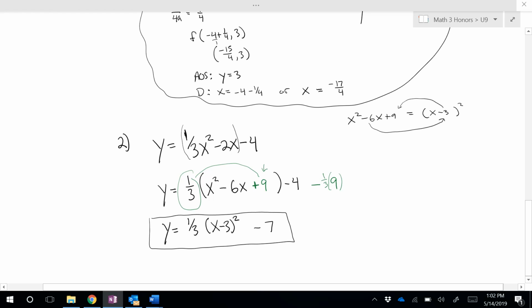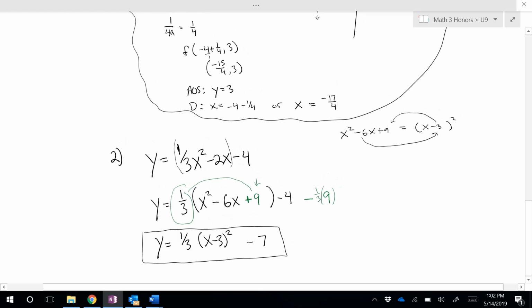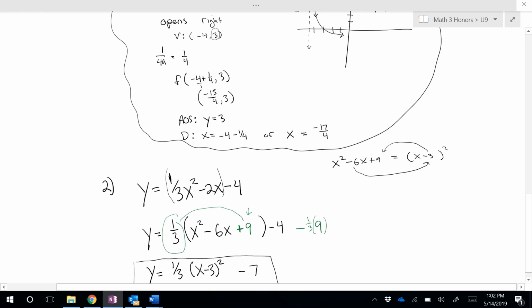Okay, so that's my goal, because this is the form that we recognize and we can use. To come up with that 9, I take half of the negative 6 to figure out what it's going to factor to, x minus 3 squared. I take the negative 3 and I square it to figure out what that 9 should be. So cut it in half and square it. So that's where that's coming from.